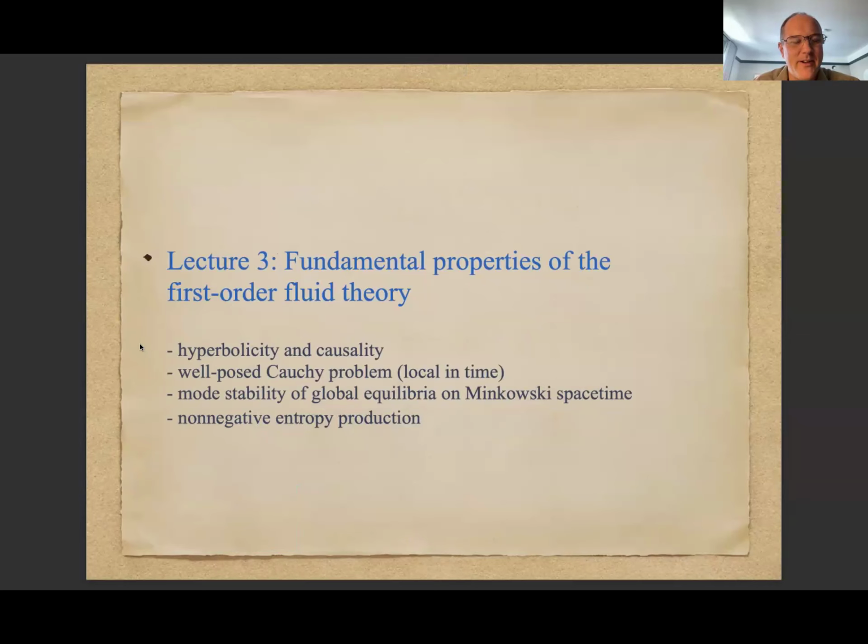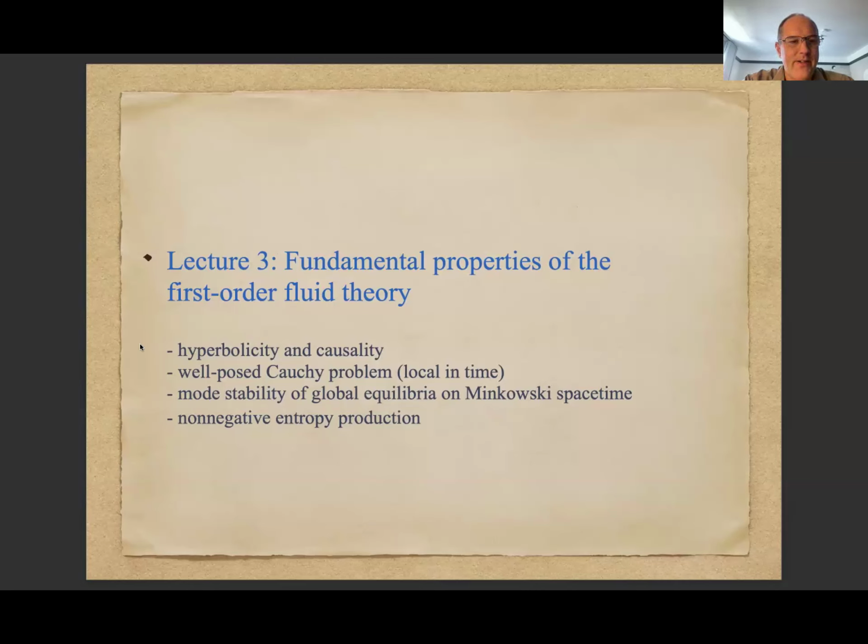and make your question. So the plan for today's lecture is to discuss some of the properties of this first order fluid theory we derived in the last lecture. So this was based on this Chapman-Enskog approximation of the relativistic Boltzmann equations.